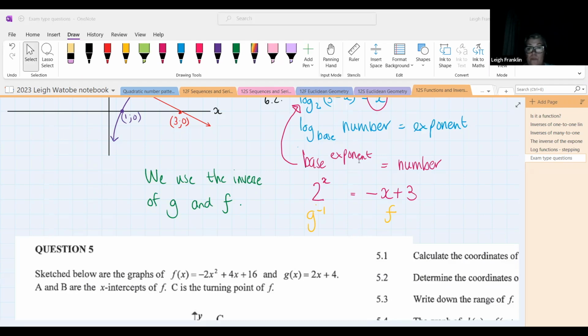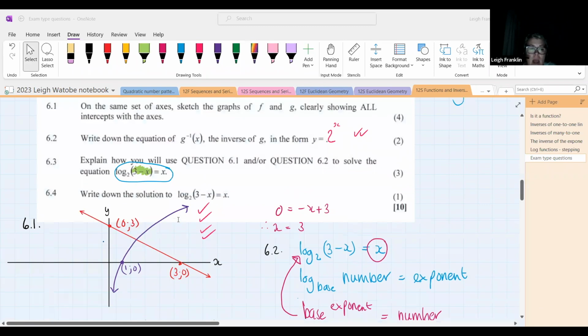No, we're not going to do that, okay? The reason that we're not going to do that, Pagelo, is because that lies outside of the CAPS syllabus. So what they're doing here is asking you an easy, difficult question. So question 6.4, they now actually want you to solve it.